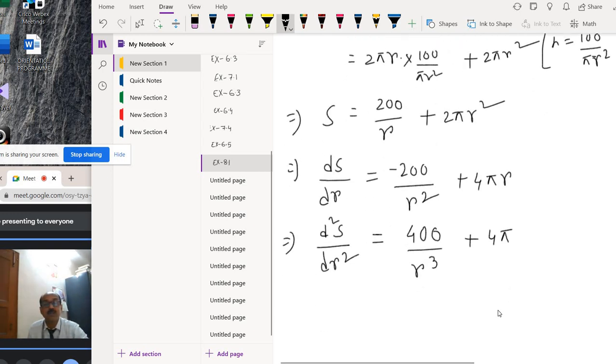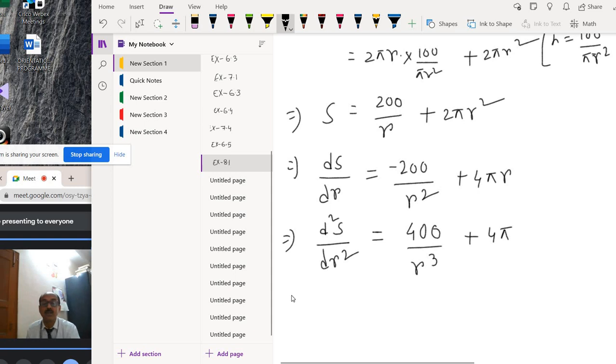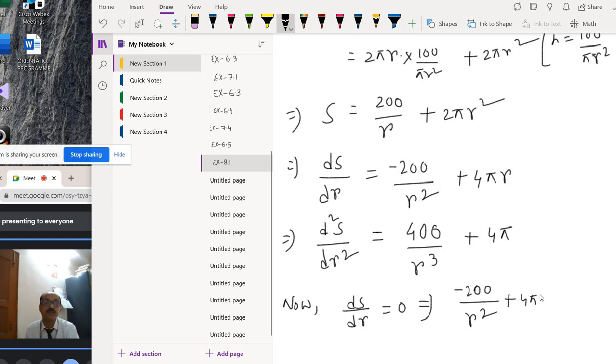Now dS by dr equals 0, the first order derivative. dS by dr equals 0 gives minus 200 by r square plus 4 pi r equals 0.